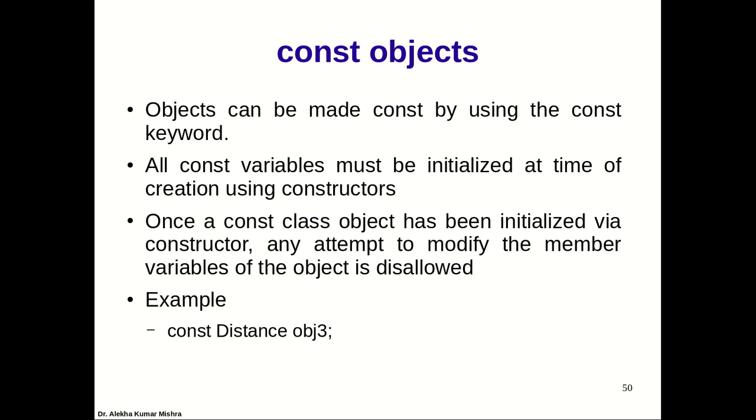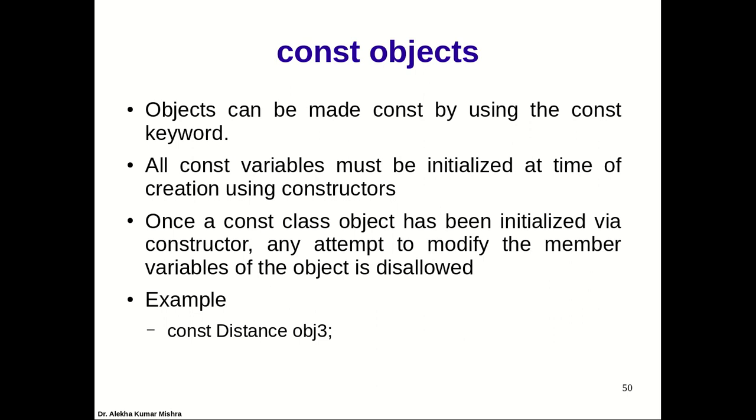But when it comes to a constant object or constant variable, it must be initialized and remain as it was. Once a constant class object has been initialized via some constructor, we are not allowed to modify that object anymore.